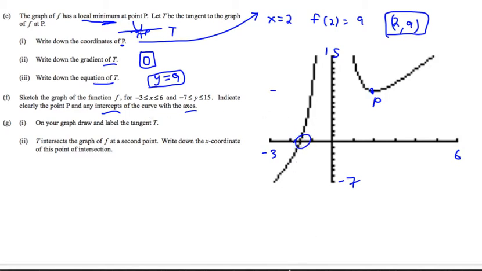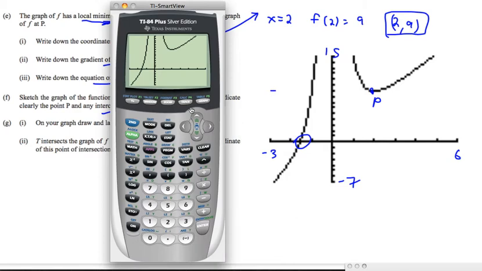So let's have a look. And we are going to calculate the 0. We come over to the left of the 0, press enter. Come over to the right of the 0, press enter. And we see negative 1.59.